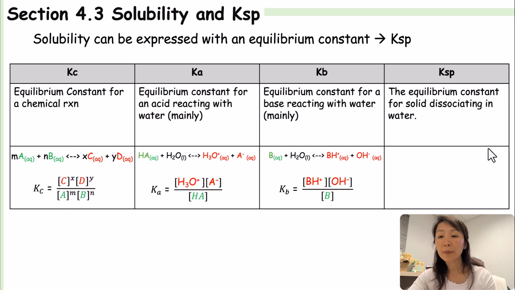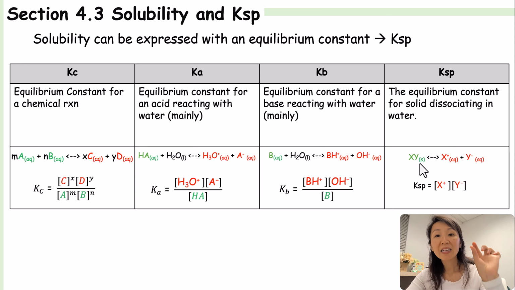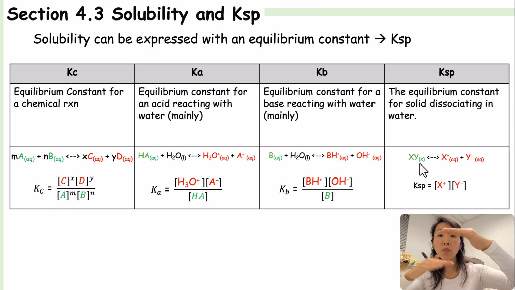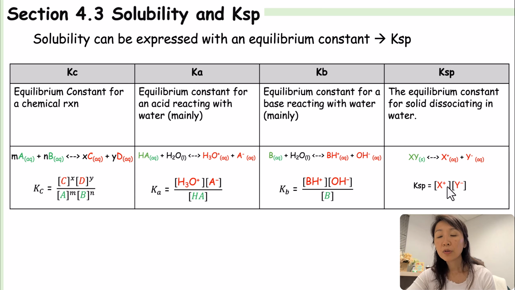So for example, say you have XY solid, and the XY solid is going to separate in water into its ionic form. If I were to write the Ksp, it's the same deal. It's the products over the reactants. But you'll notice that there is no denominator here, and you go, well, where is the reactant?